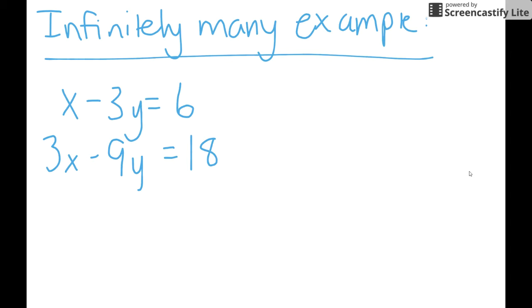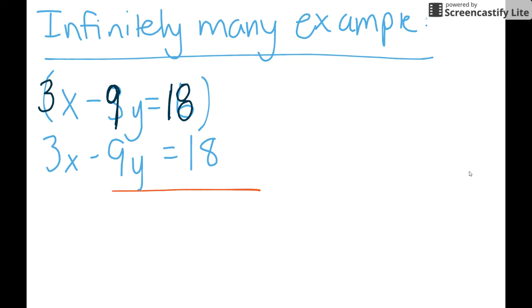So I'm going to notice that this whole top equation, I'm going to multiply it times 3 so I can get my x's to disappear. So this becomes a 3, this becomes a 9, and this becomes an 18, because all I did was multiply every single number times 3.